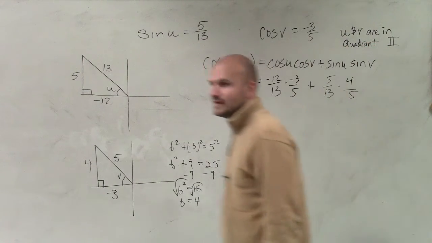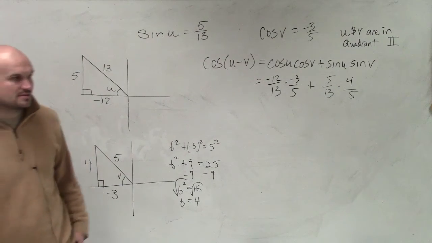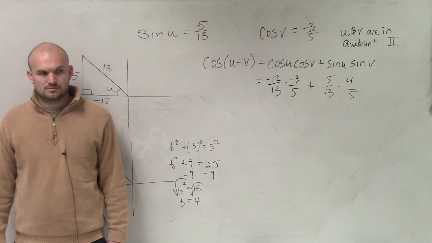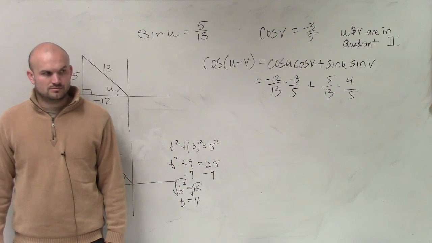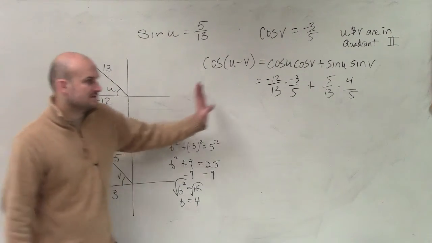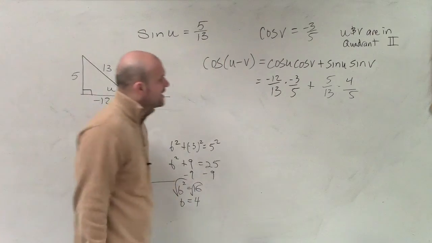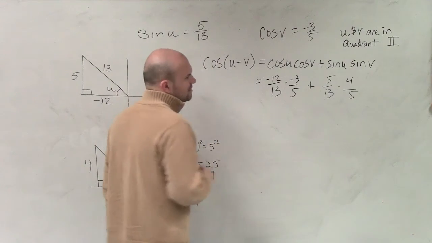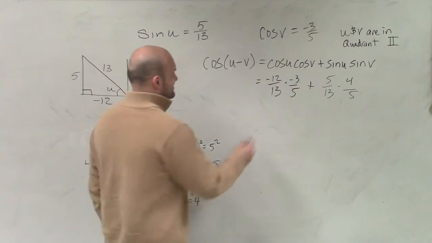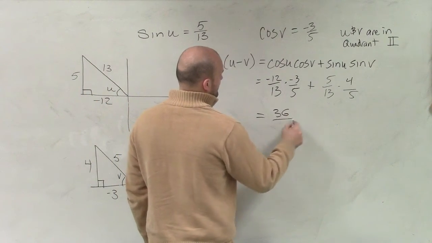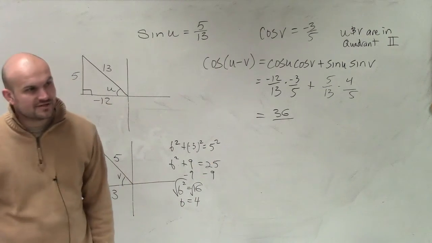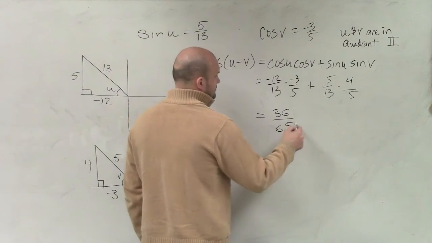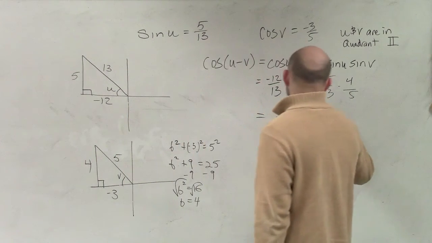Does everybody see how I got those points and where I came up with all those values? Is everybody cool with that? Cool? All right. So now I just multiply across. Negative 12 times 3 is going to be 24, 40, 36. 13 times 5 is 65. 5 times 4 is 20.